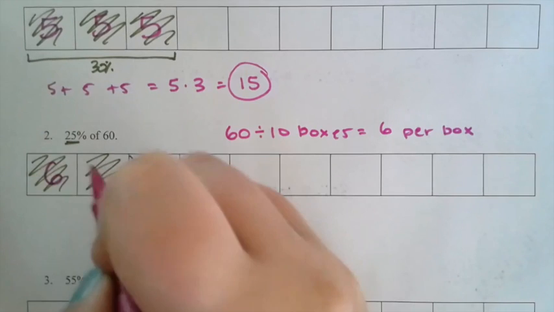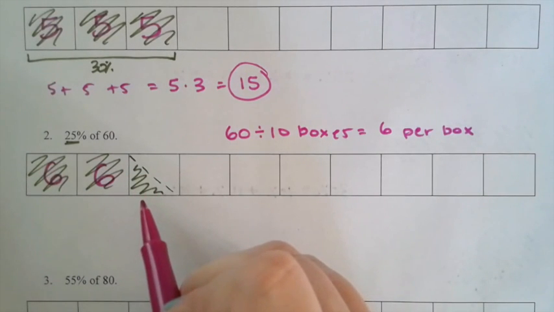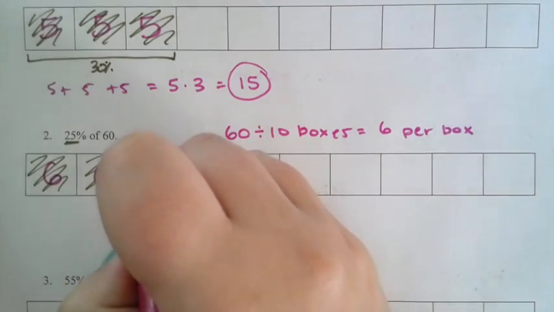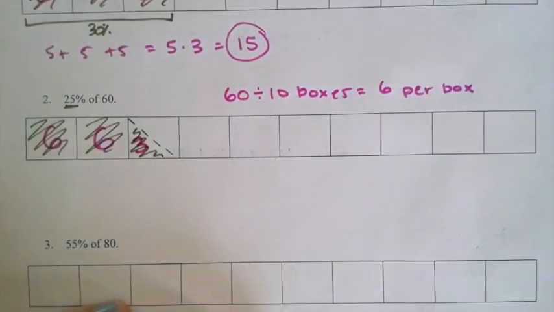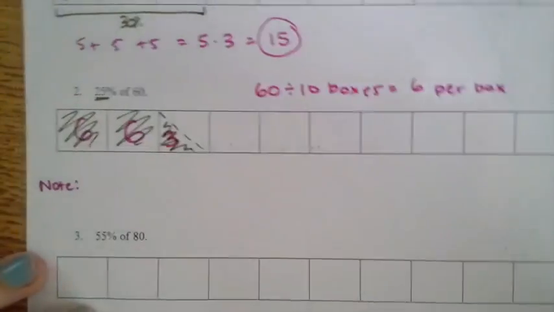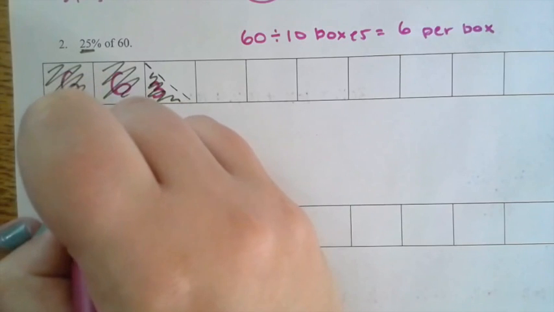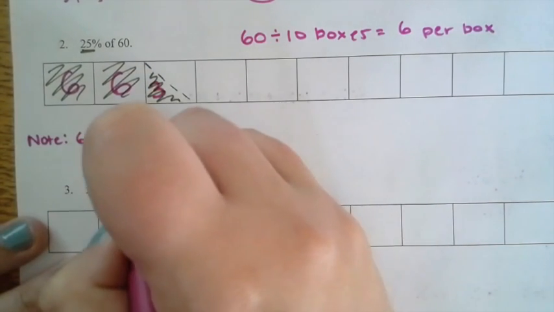If each box is worth 6, how much is a half a box worth? 3. So I'm going to put a 3 here because that's how much a half a box is worth. Maybe I'll make a note to myself so that I remember why I got 3. We did 6 divided by 2 to equal 3 per half box.